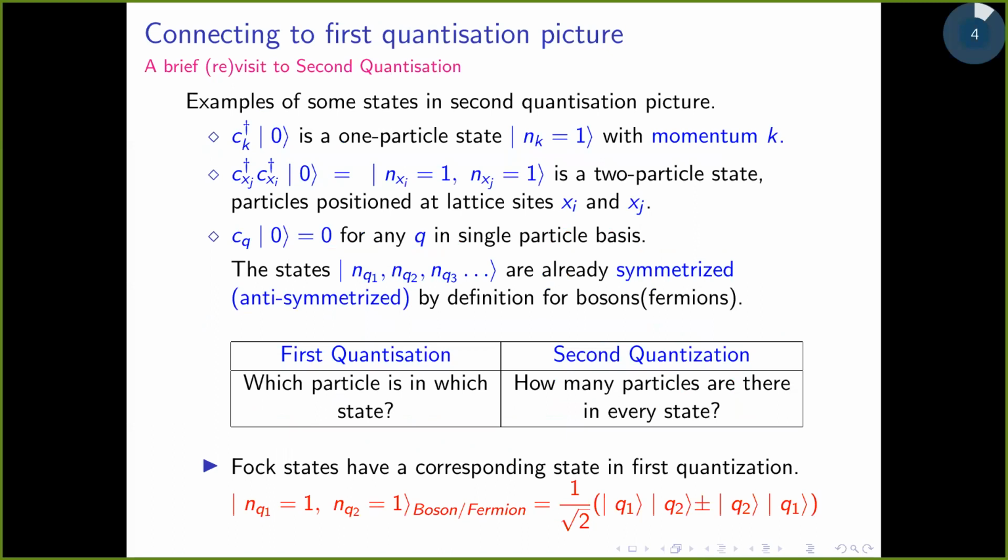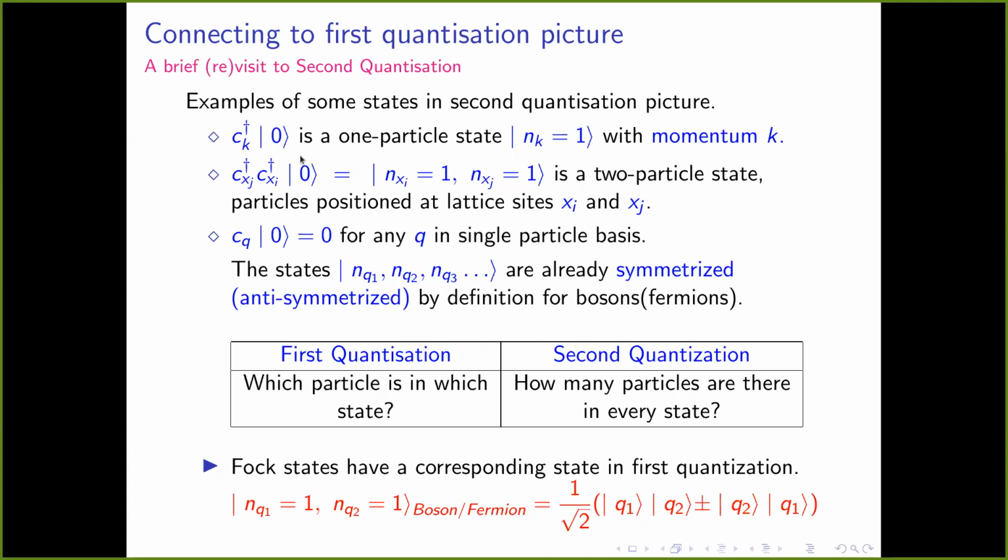Okay, so now let me describe how to represent some states in the second quantization picture. If I say C dagger k acting on 0, this means we are in a one particle state with one particle with momentum k.